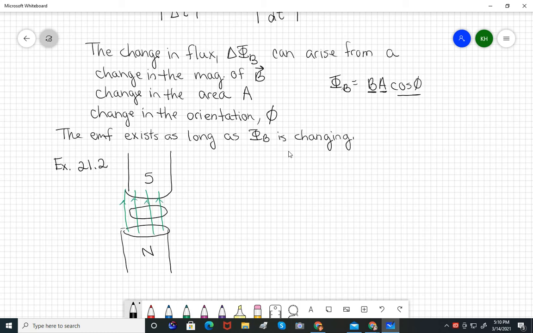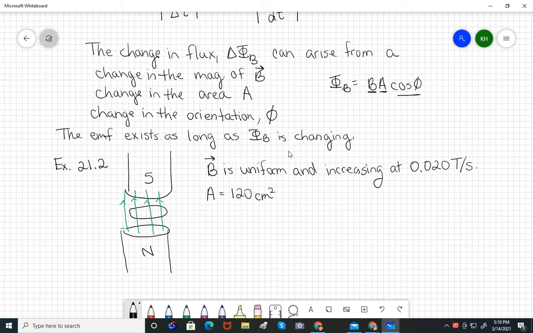And the problem says that our magnetic field B is uniform and increasing at 0.020 Teslas per second. So we've got a magnetic field B that is changing with time. Our area, it says, is 120 square centimeters.